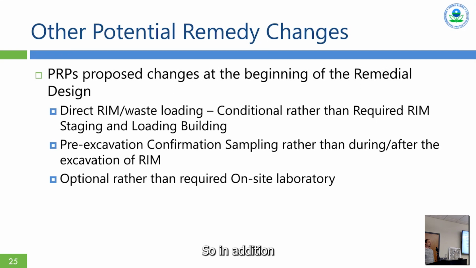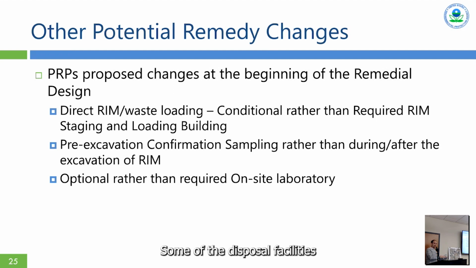So in addition to the data that tells us that that challenge is less than what we knew at the 2018 Record of Decision Amendment, a couple of disposal facilities have applied for and been granted raises to their waste acceptance criteria. So there's a double whammy here.